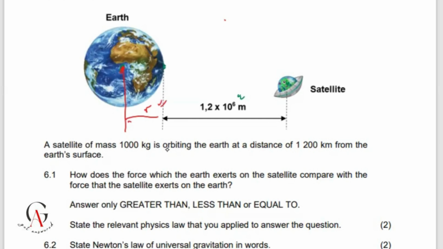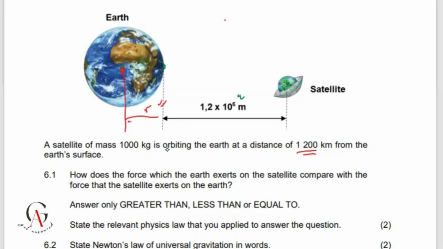So the satellite of mass 1,000 kg is orbiting the Earth at a distance of 1.2 kilometers from the Earth's surface. How does the force which the Earth exerts on the satellite compare with the force that the satellite exerts on the Earth?